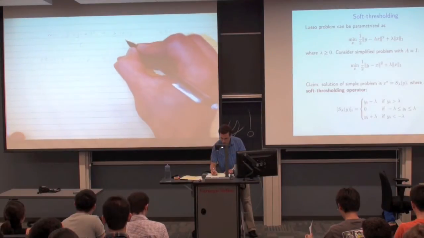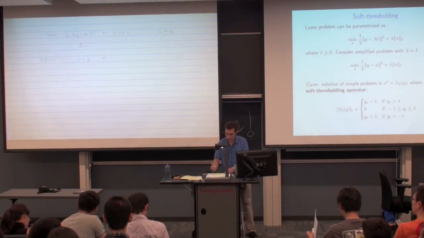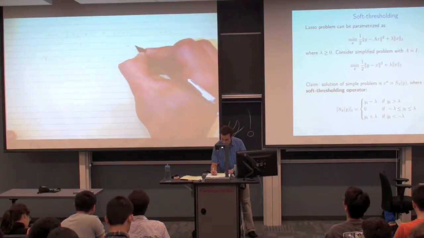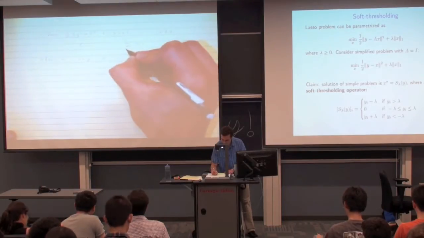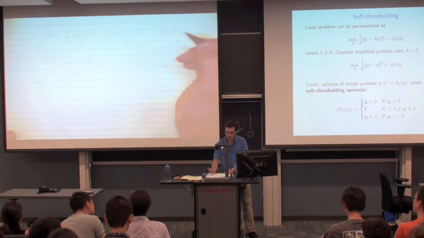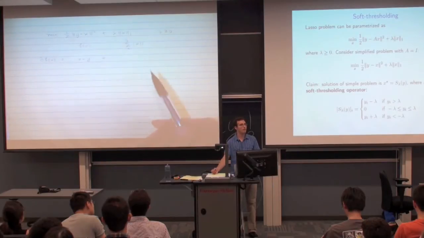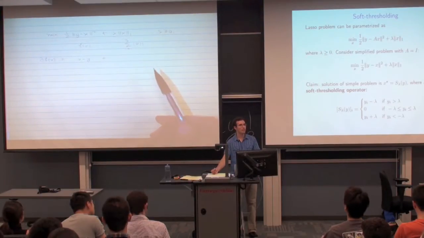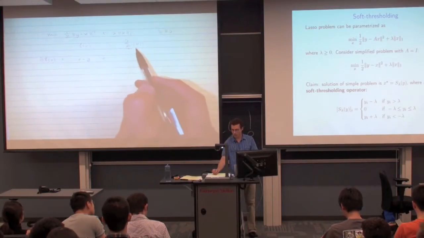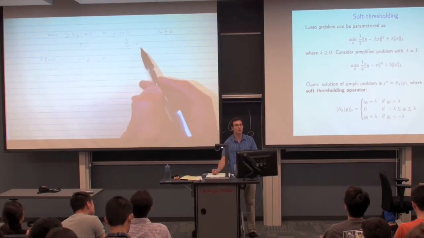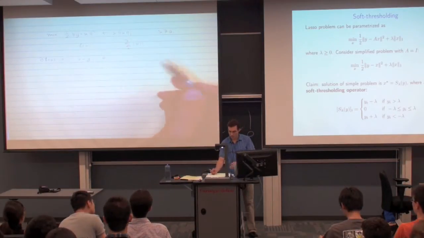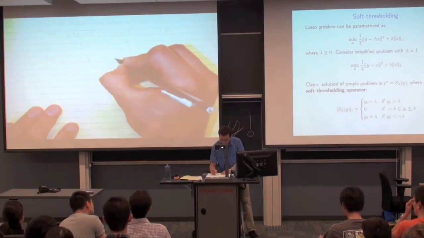I can think of this in multiple ways. Maybe the easiest way is that this is just the sum of the absolute values of xi as i goes from 1 to n. So again, I can make this additive. I can evaluate the subgradient of the absolute value of xi for each i, and add those up. And in doing so, I'll find out that they look like this.